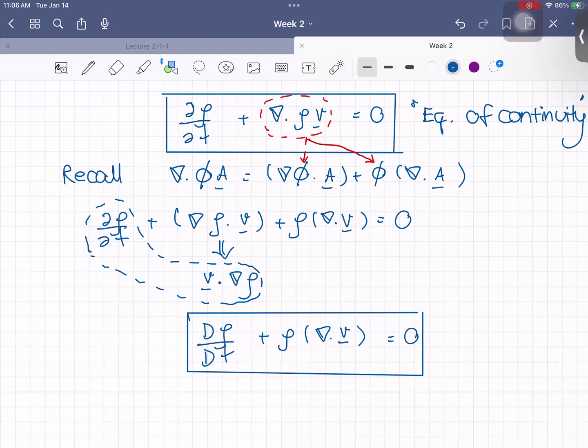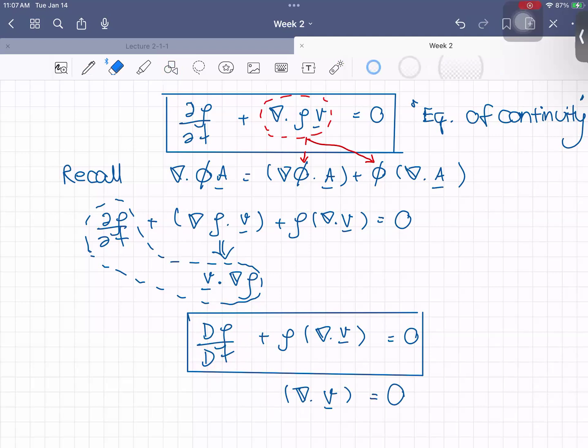So if the fluid in your system is incompressible, it means that the density is constant, meaning that this term, dρ/dt, is going to be 0. And that means that ρ∇·v will be equal to 0 too.